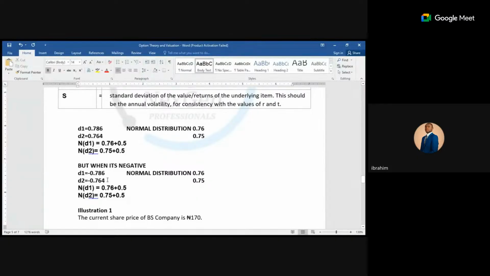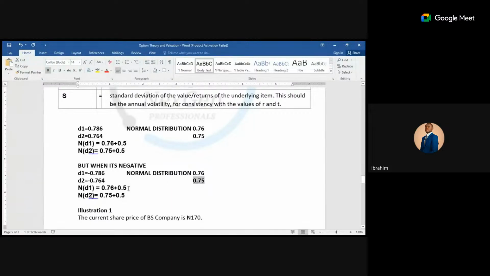And you check the normal distribution table and you have 0.75.